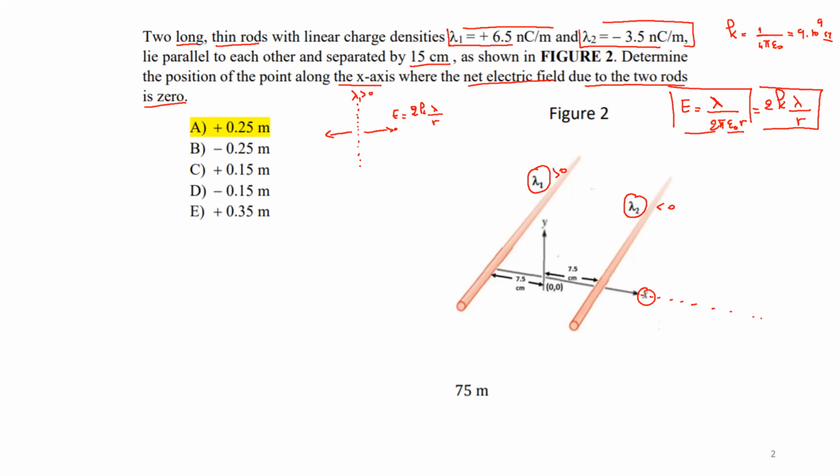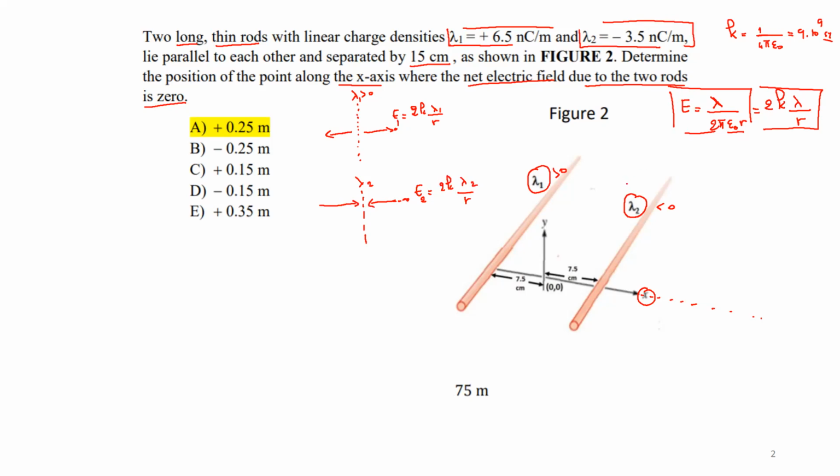If the charge density is negative, like lambda 2, the field is radially inward, pointing toward the negatively charged rod, but the magnitude is the same type of expression. So here I will have E1 with lambda 1, and here E2 equal to 2K lambda 2 divided by r. This is just a reminder, and you remember we got it using Gauss's law. I'll come back to this later.